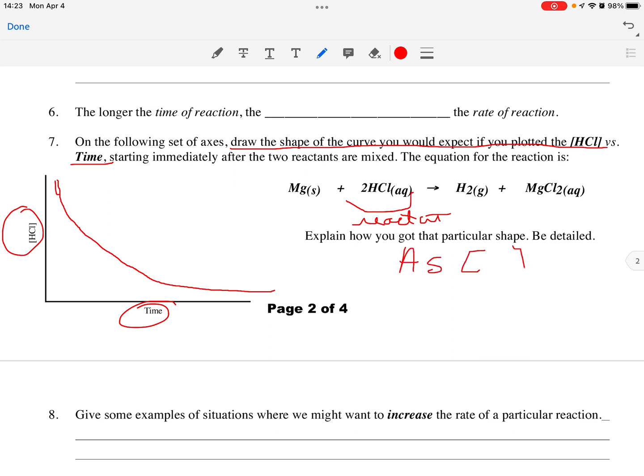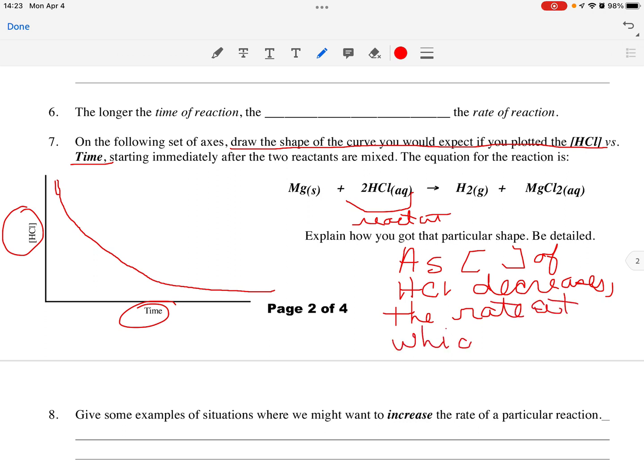As our concentration of HCl decreases, the rate at which it is consumed also decreases because its concentration is less.